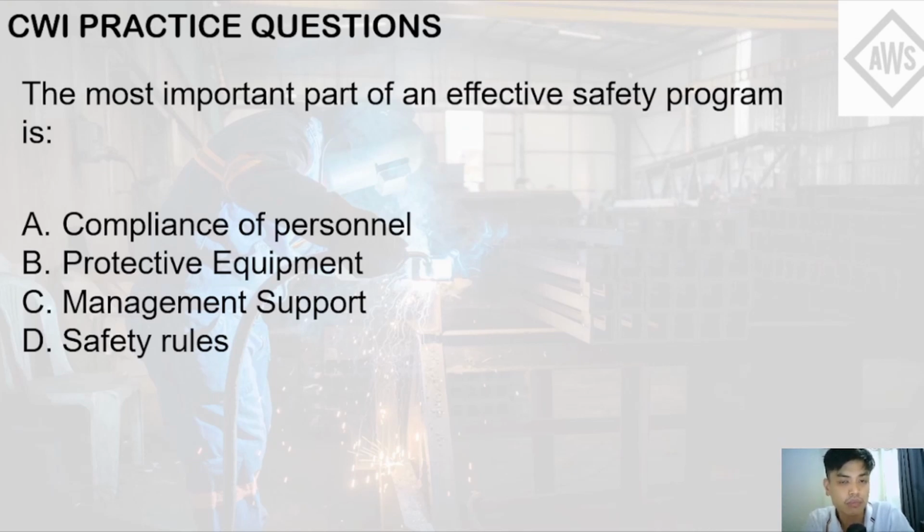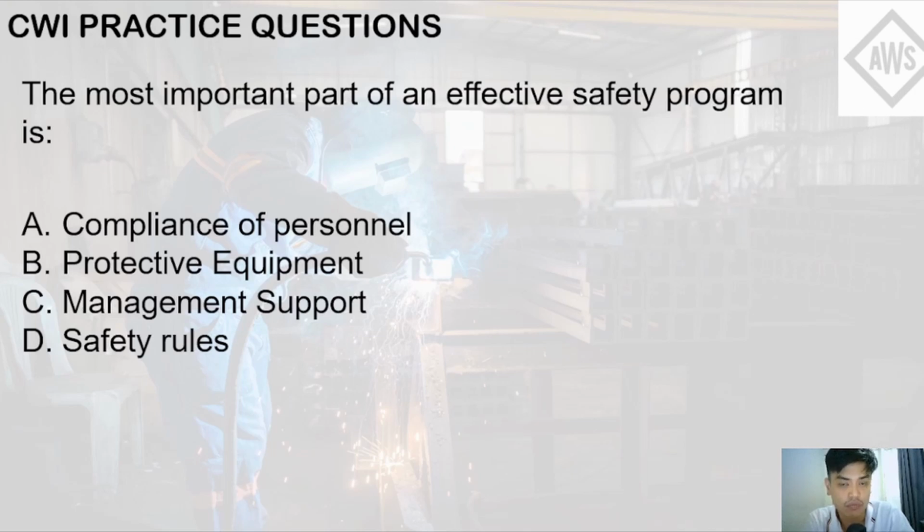Letter C, management support. Like any other programs, maybe it's safety, quality, etc., management support is important for everyone's buy-in and compliance for an effective safety program. Safety rules is basically what entails that safety program, the rules and regulations that make up the program itself.